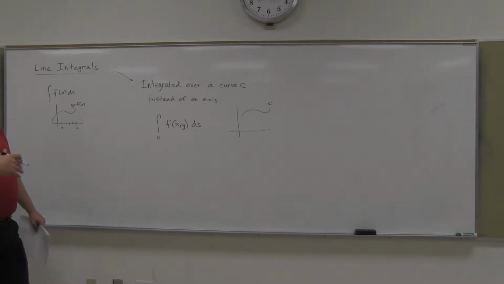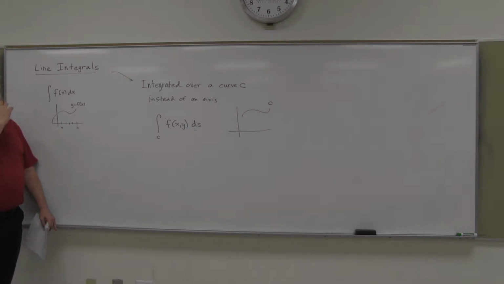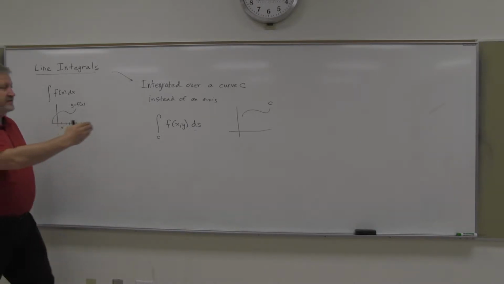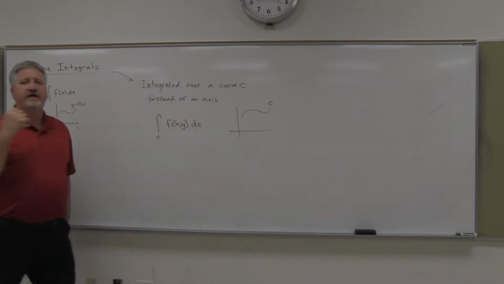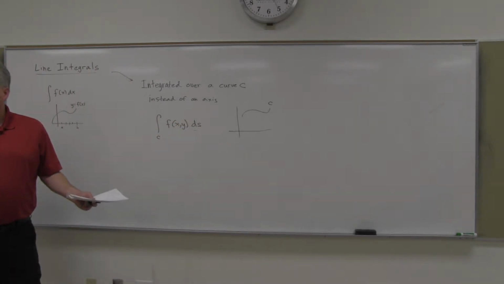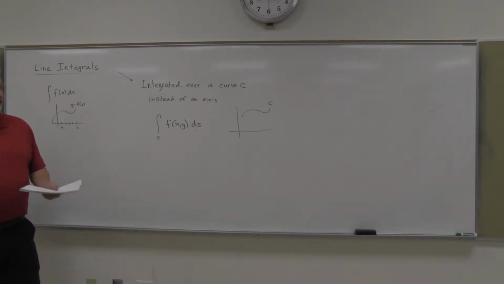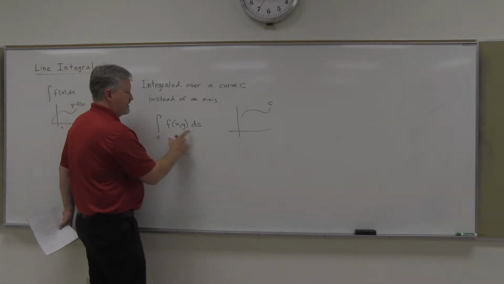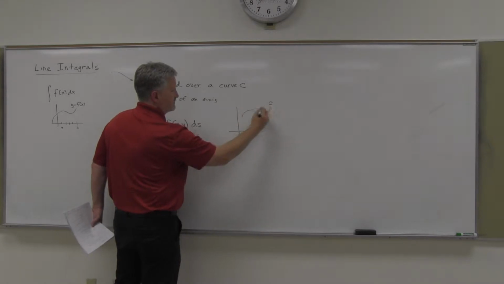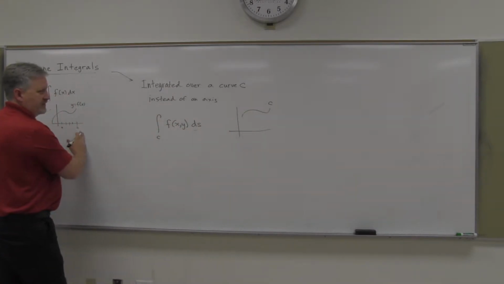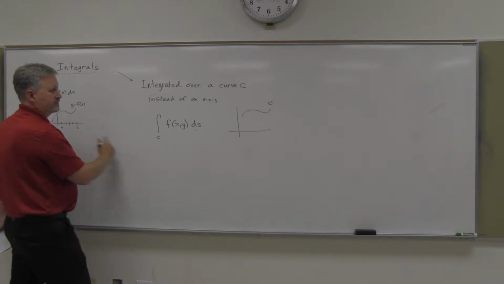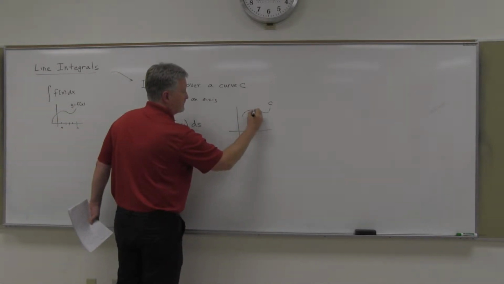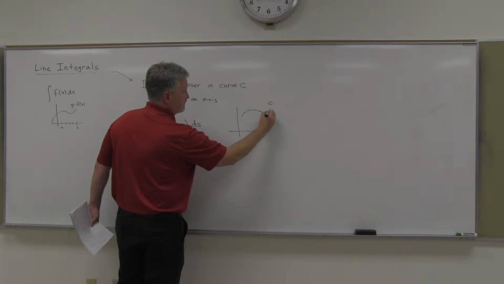Instead of an axis, I'm integrating over that curve C. And this ds, if you remember, designated arc length. We talked about arc length. Instead of divvying up the x-axis into intervals, I break this curve up into intervals, or parts, if you will.